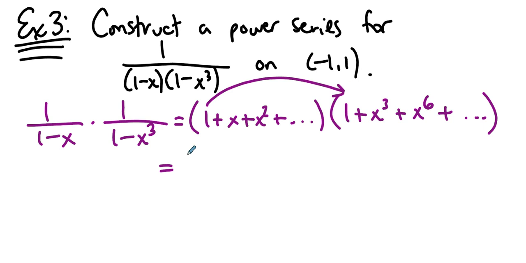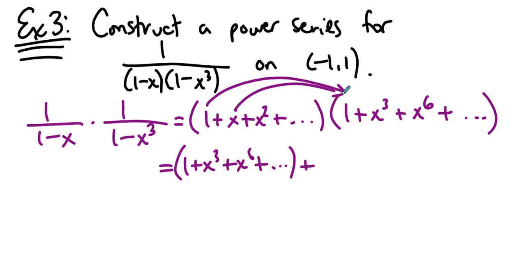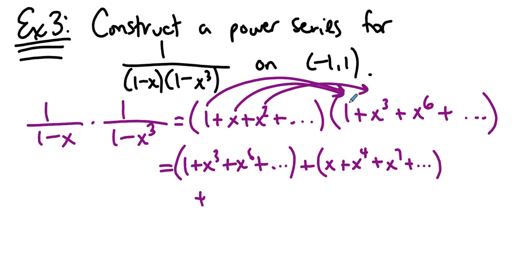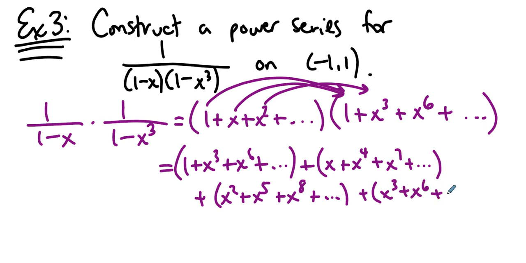Let's do 1 times all those parentheses. And then let's do x times all of those parentheses. And then let's do x squared times all of those parentheses. And then let's do x cubed times.